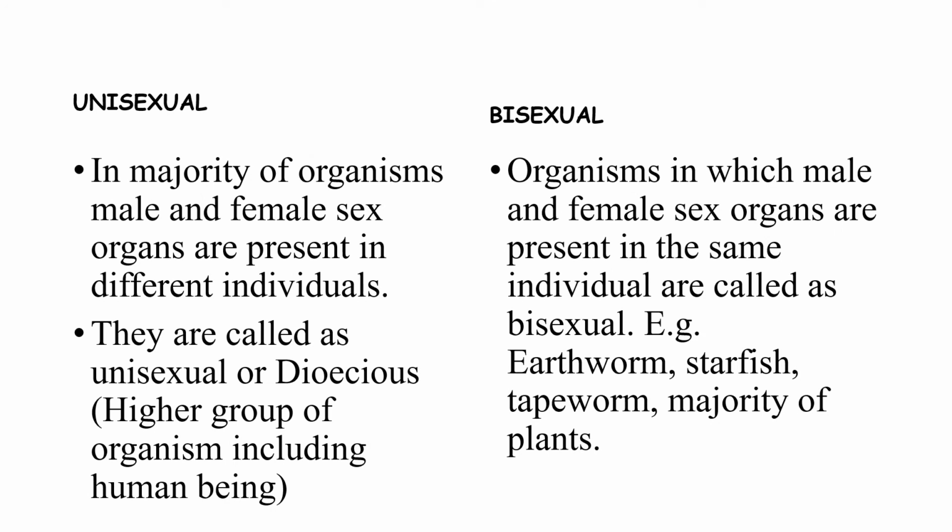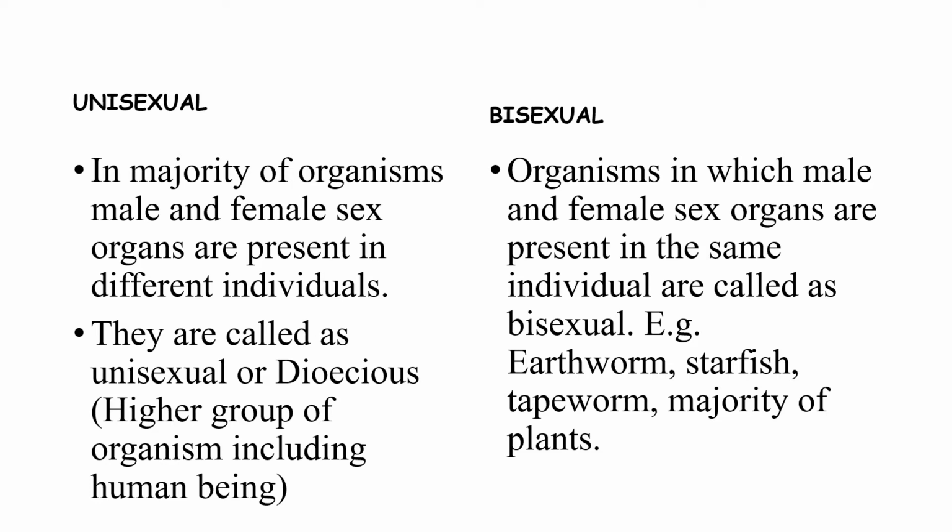Unisexual. In the majority of organisms, either male or female sex organs are present in individuals. They are called unisexual or dioecious. Bisexual. The term itself shows both sex organs are present in the same individual.